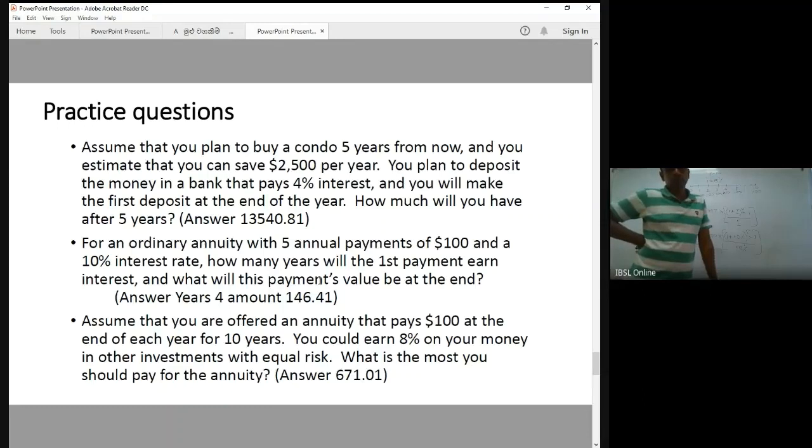Question is, what is the most you should pay for the investment, for the annuity? So how much should you invest today to earn these returns? Right? It's a present value question. How much you should invest today is a present value question. What is the present value? You can also find the future value of this if you want. Right?